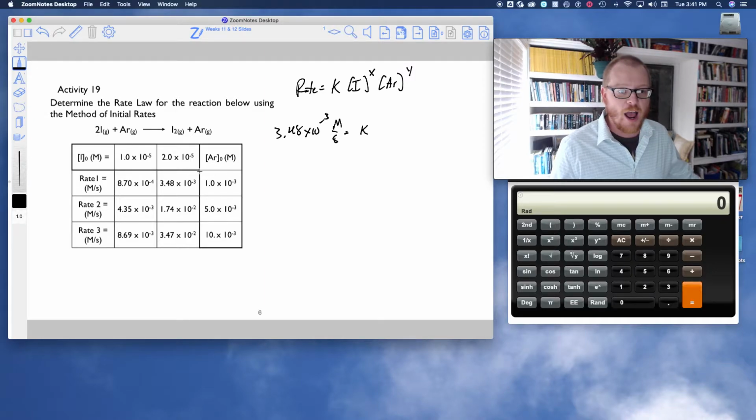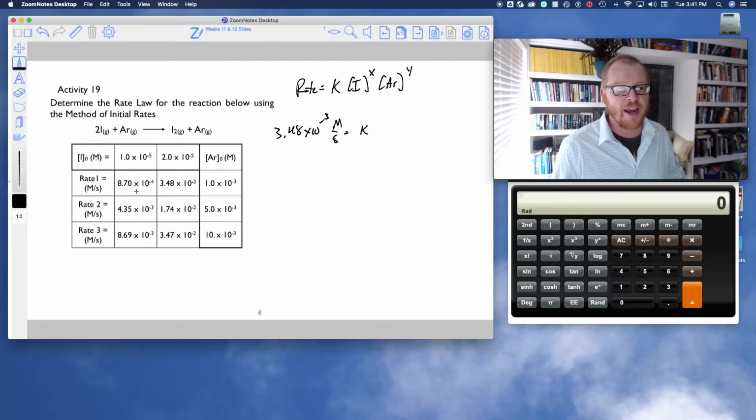The way I set up this table, this rate resulted when we had 2 times 10 to the minus 5 of iodine here, and 1 times 10 to the minus 3 of argon. So that's how my table works.